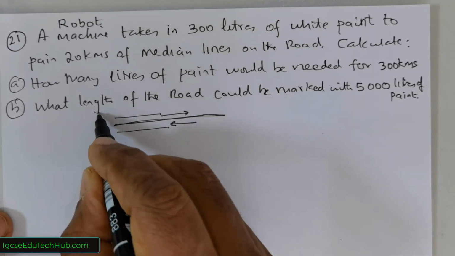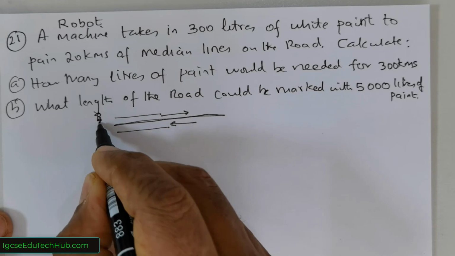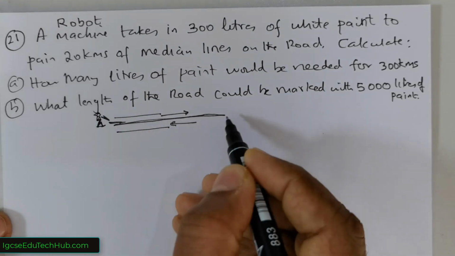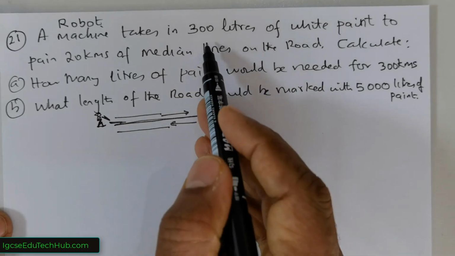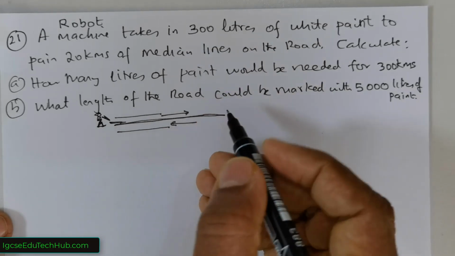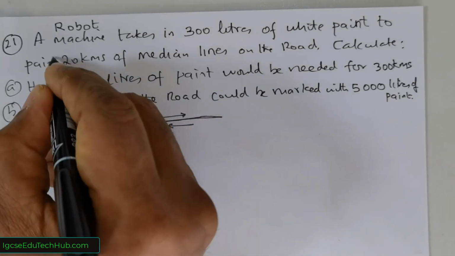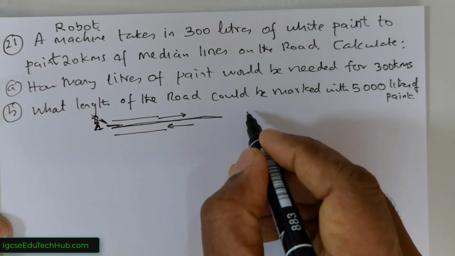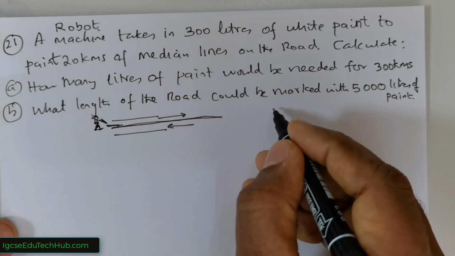So this is actually a lane division. So there is a robot machine that has the ability to draw this line. Now apparently it needs 300 liters of white paint to paint 20 kilometers. So again it's a direct proportion.